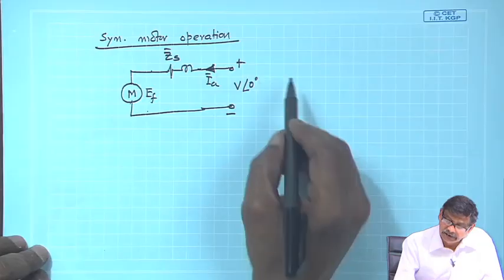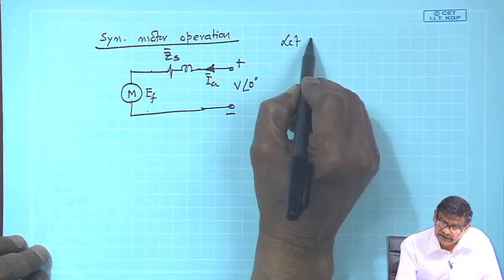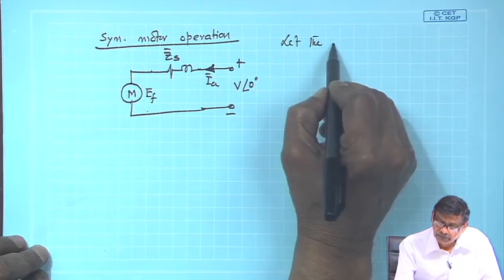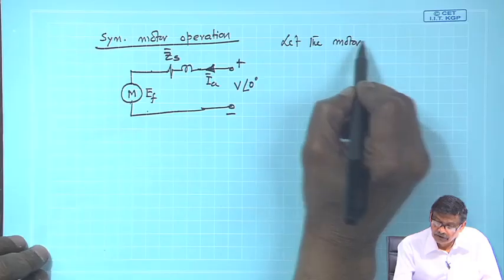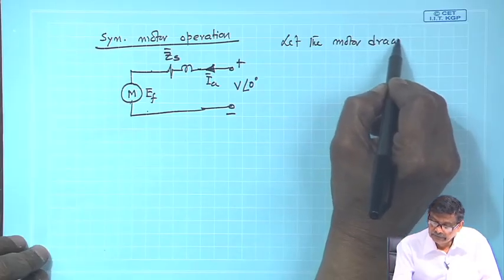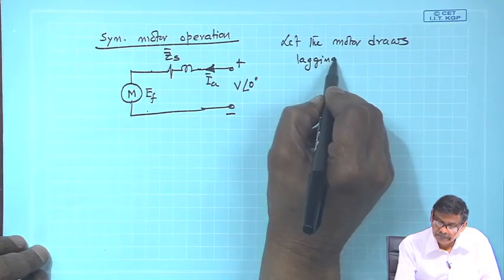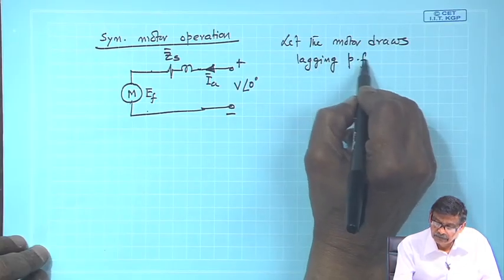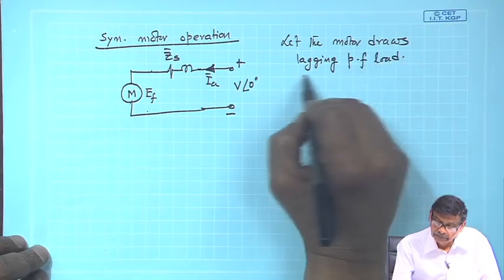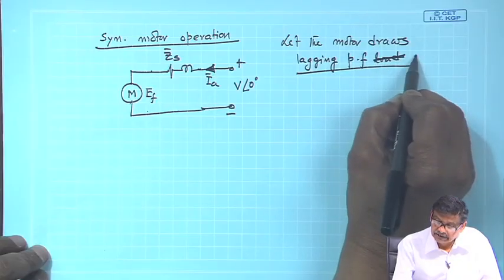Now, let the motor draw a lagging power factor current.